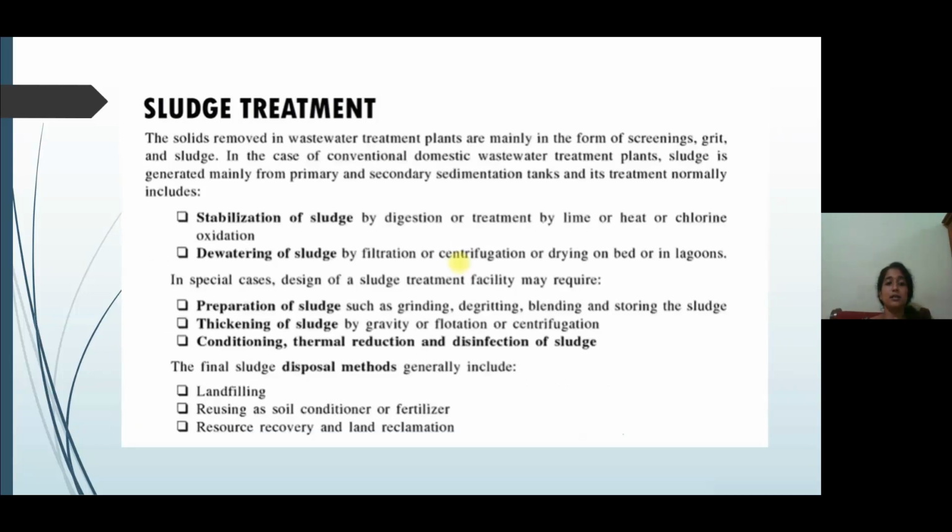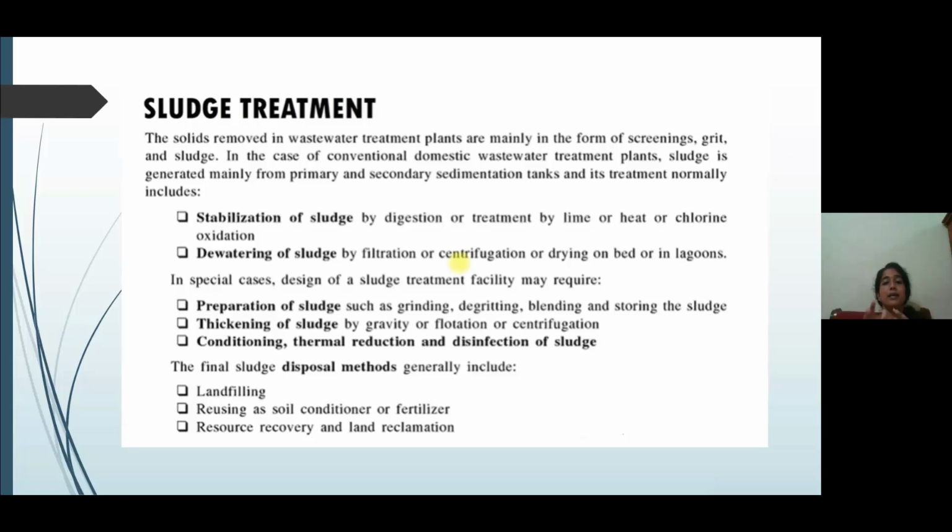Then there are many stages in this sludge treatment. First is the stabilization of sludge, then dewatering of the sludge, then preparation of the sludge like grinding, degritting, blending, and storing of the sludge. Next, fourth, is the thickening of the sludge. That is, we have to densify the sludge.